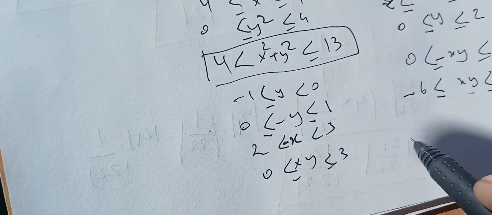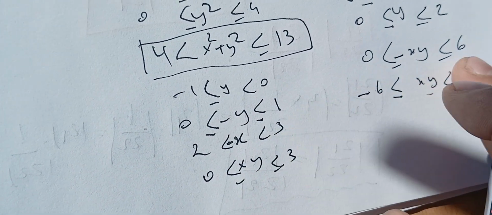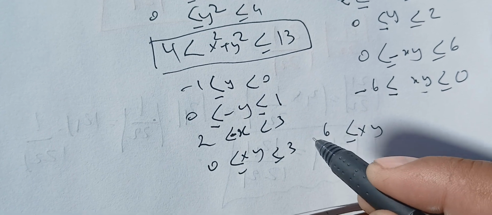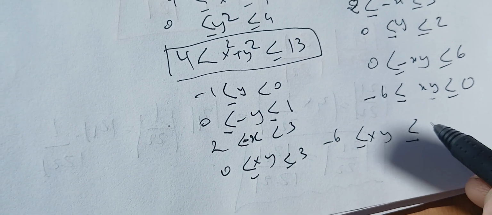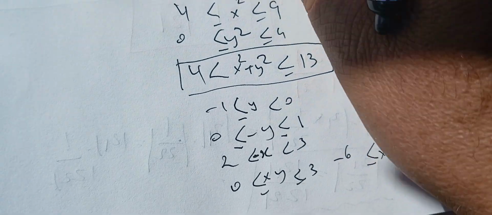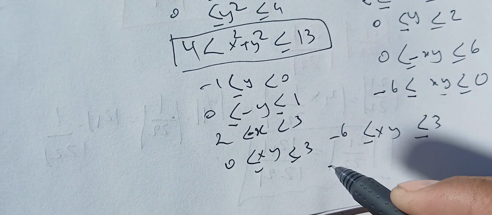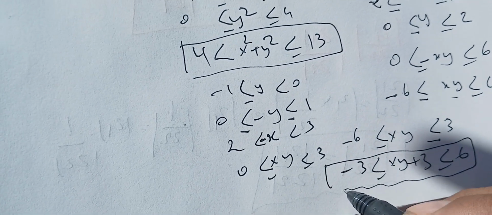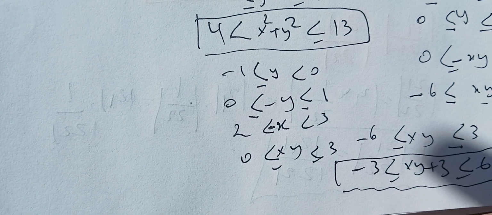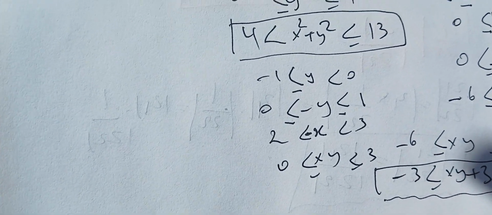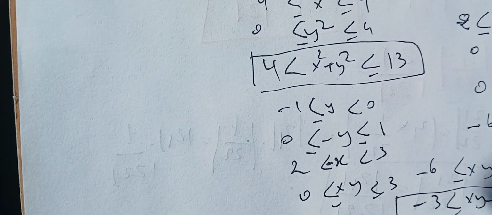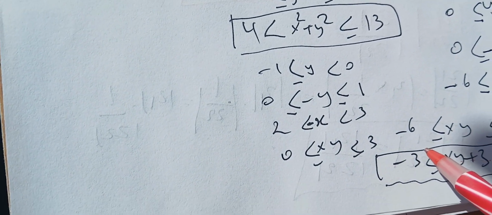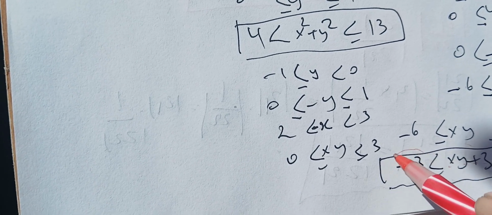So that means our xy is between minus 6 and 3. And we add 3 to both sides, so we get xy plus 3 is between -3 and 6. We have to be careful when dealing with these computations. So we have found an upper bound for xy plus 3, which is 6, and a lower bound for the same quantity, which is minus 3.